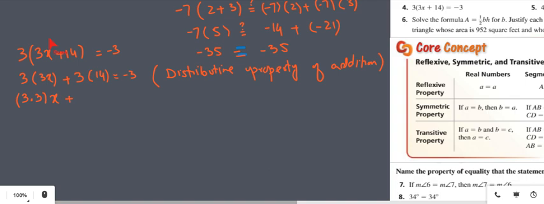What is 3 times 14? It's 42, right? That is equal to -3. And which property did I use this time? The associative property of multiplication.